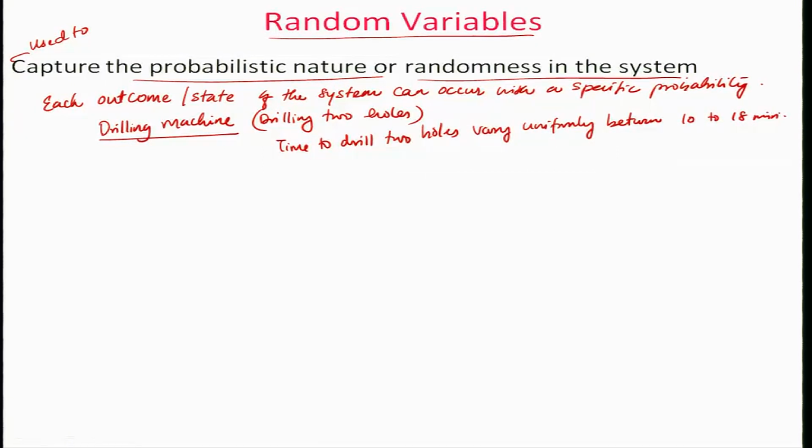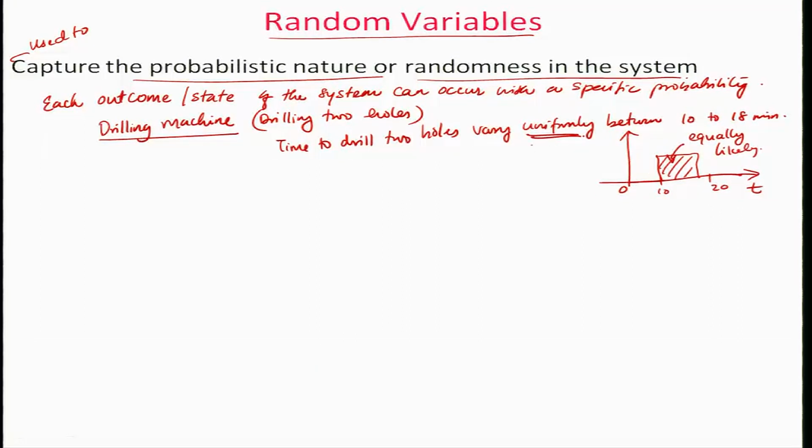If I say that, then I can represent the system something like this. This is 0, this is 10, this is 20, like this, this is your time, and here is the probabilistic nature. Then up to 18, all values between this are equally likely, because it is uniformly distributed.